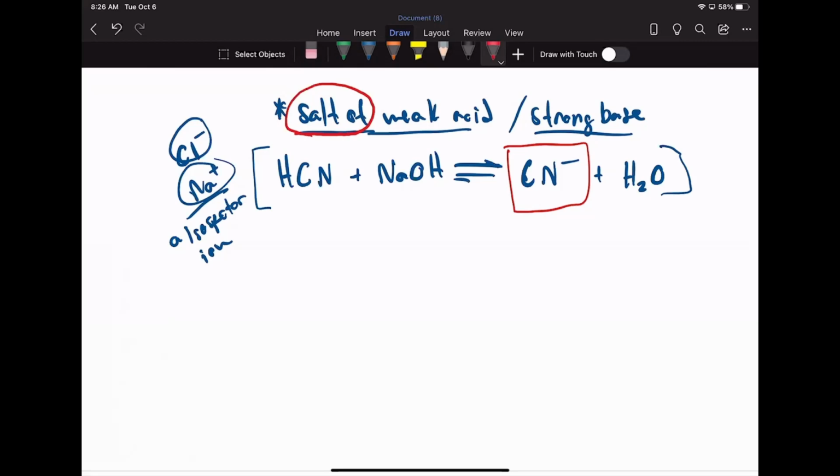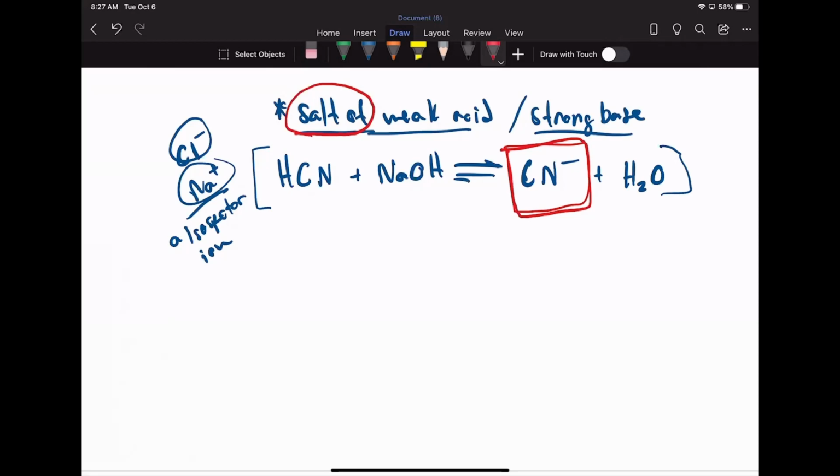So we're not going to use this reaction to calculate pH, to calculate Ka, to calculate anything. I just need to realize that this is the salt of my weak acid, strong base. Once I figure that out, then we're going to write our reaction to determine our ICE tables, concentration, pH, the Ka, the Kb.